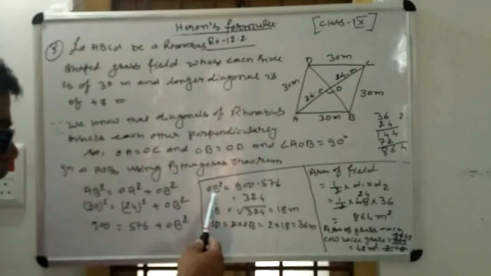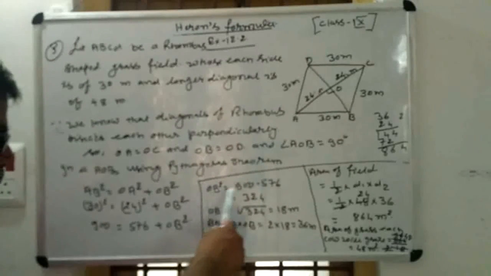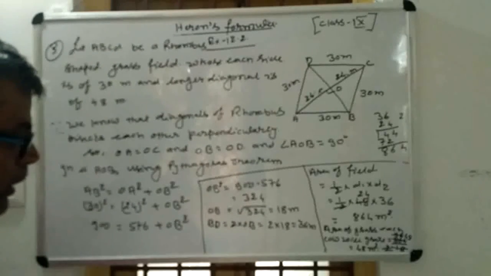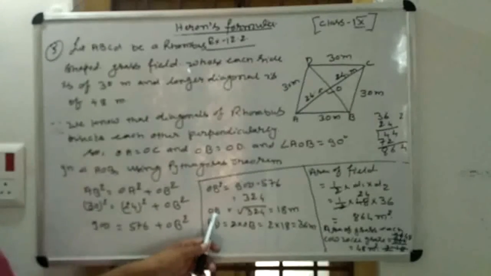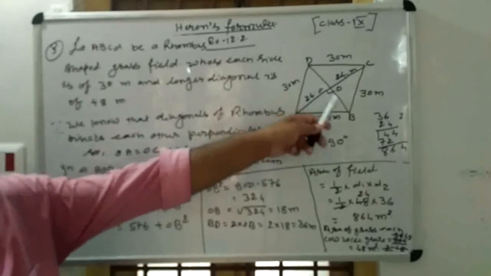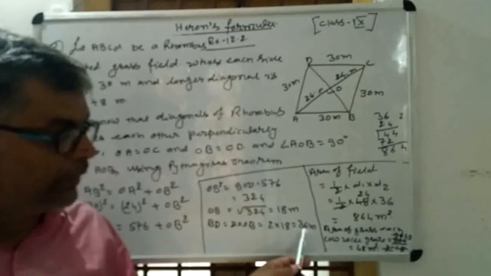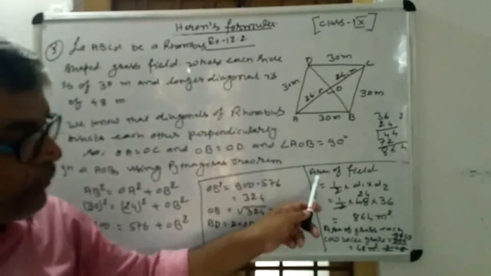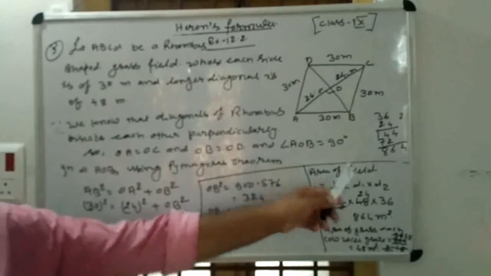On solving, OB square equals 900 minus 576, which is 324. Taking the square root of 324, we got OB equal to 18 meter. BD is twice OB, that is 2 into 18, which is 36 meter.